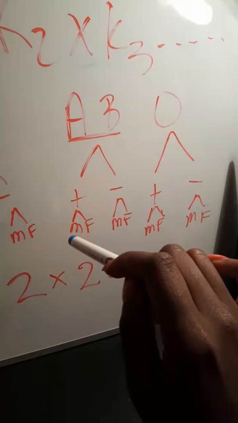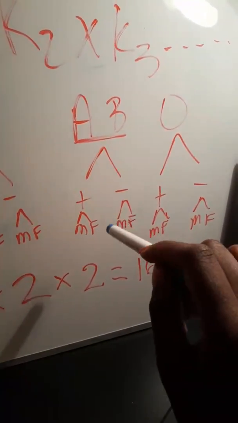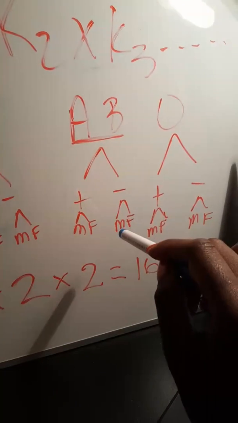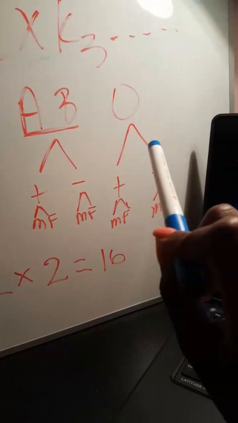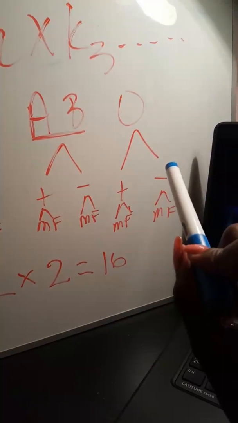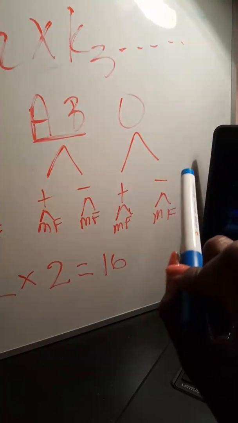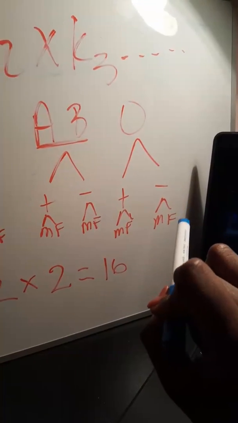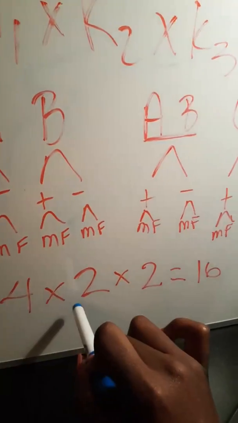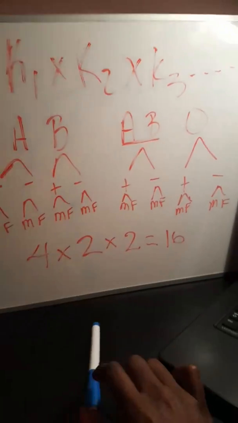AB positive male, 9. AB positive female, 10. AB negative male, 11. AB negative female, 12. O positive male, 13. O positive female, 14. O negative male, 15. And O negative female, that's 16. So 4 times 2 times 2 is 16.